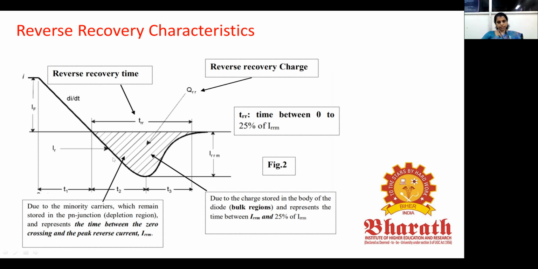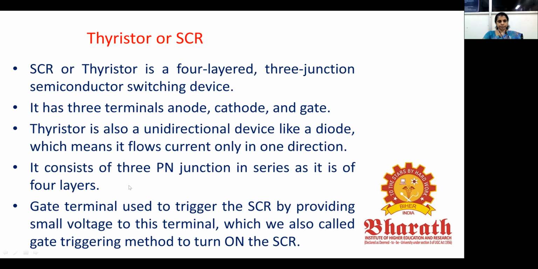So this is time T2, and then from this point, the current will reduce to 25% of the maximum value. That is represented as T3, and the sum of T2 and T3 will give you the reverse recovery time.